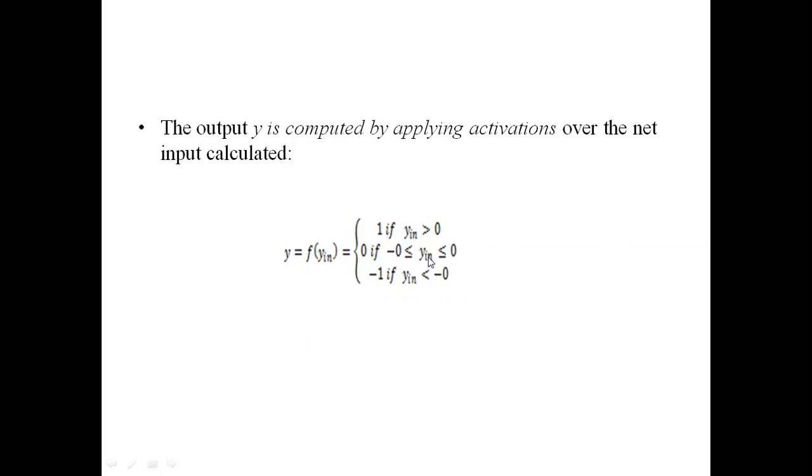When y in is between -0 and 0, the value will be 0, and if y in is less than 0, then the value of y will be -1. So these are the basic activation functions. What is the activation function? y is equal to 1 when y in is greater than 0, y is equal to 0 when y in is between -0 and 0, and y is equal to -1 when y in is less than 0.